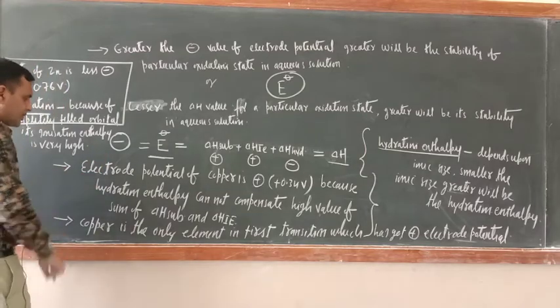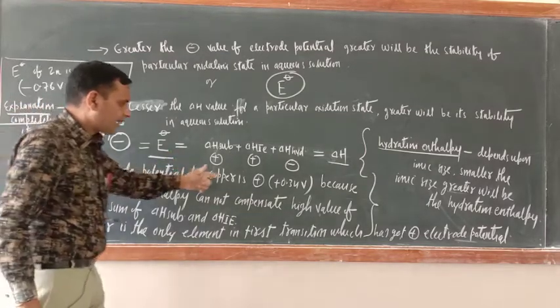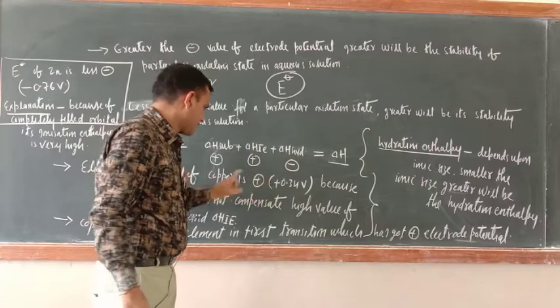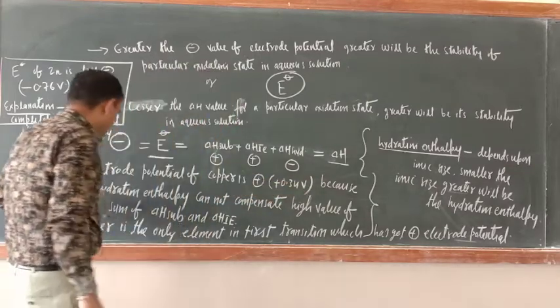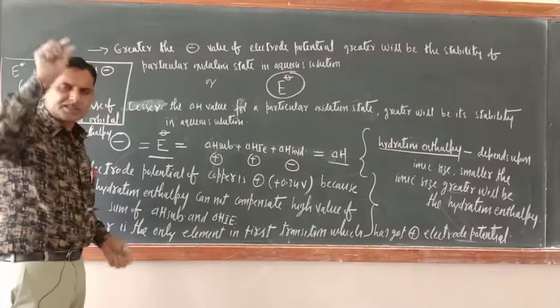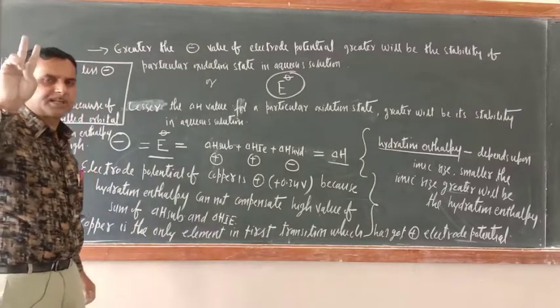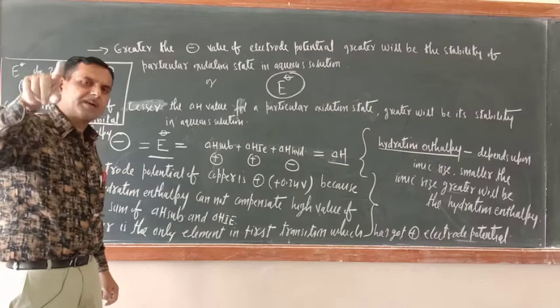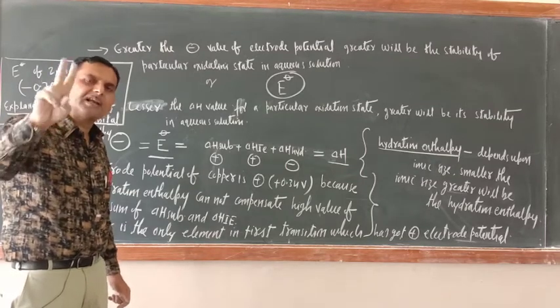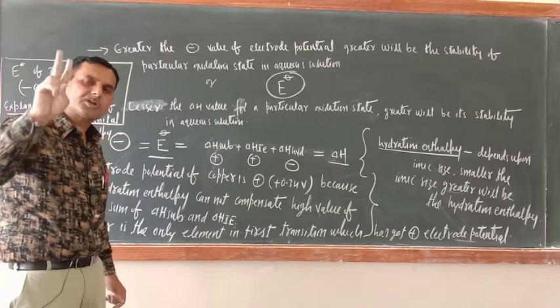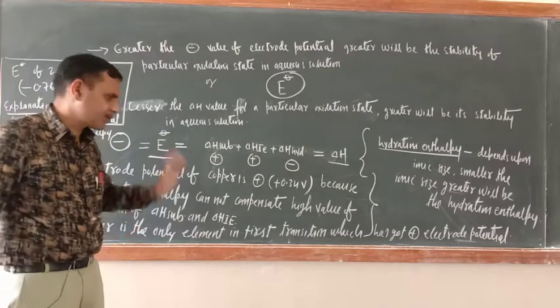Now there is a question here. The electrode potential of copper is positive, plus 0.34 volt, because if you see the electrode potential values of the first transition series, all will have negative electrode potential. Copper is the only element which has a positive electrode potential in the first transition series.